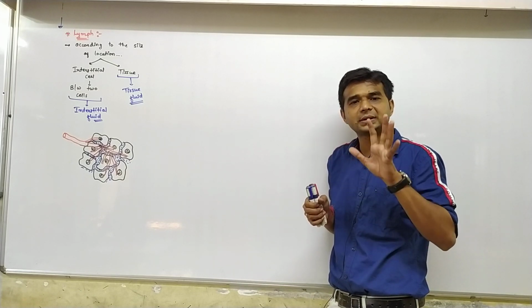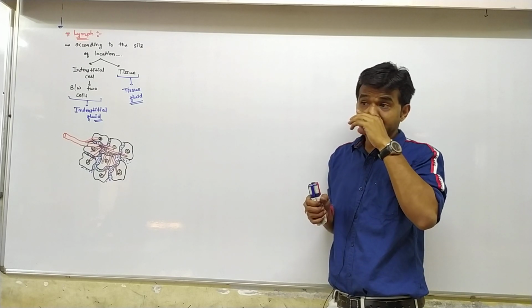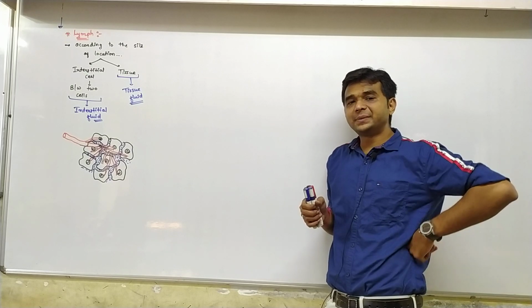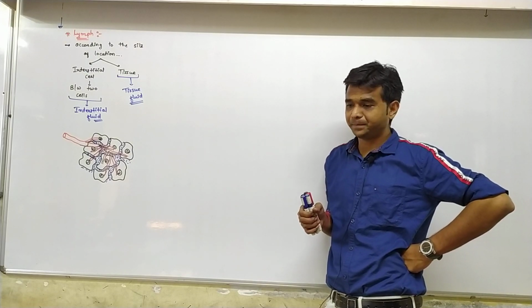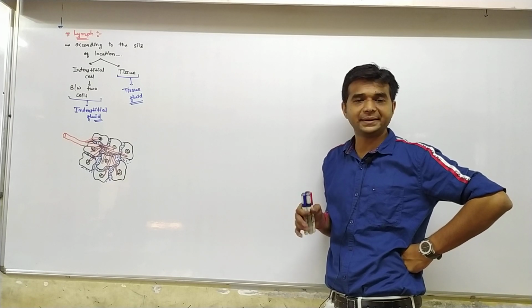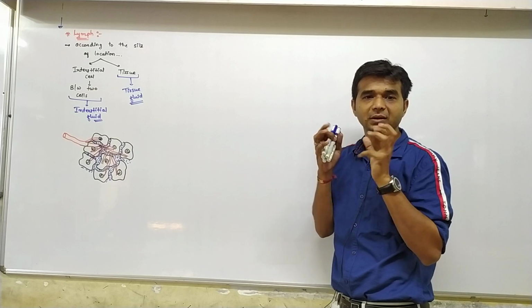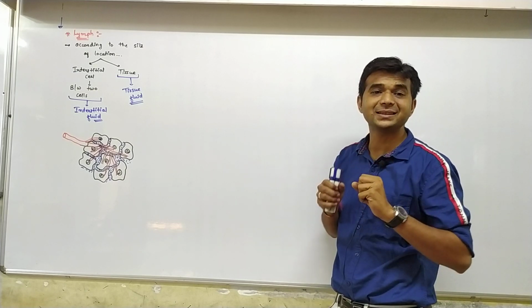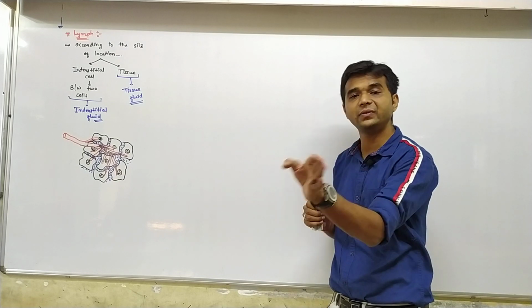The remaining components are present as they are. So the required components can be taken by the cells, and the remaining portion of the blood is accumulated and sent in a specialized vessel other than the artery and the vein.